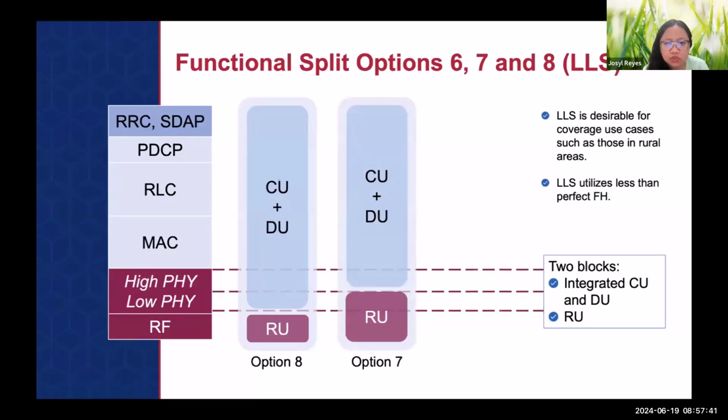We have CU, DU, and then RU as well. Pero some of the functions, yung low physical, is assigned to RU. Siguro later we'll see ano ba yung function na assigned under phi kasi nagkaroon tayo ng low phi at saka high phi. We'll see later how this is further subdivided.